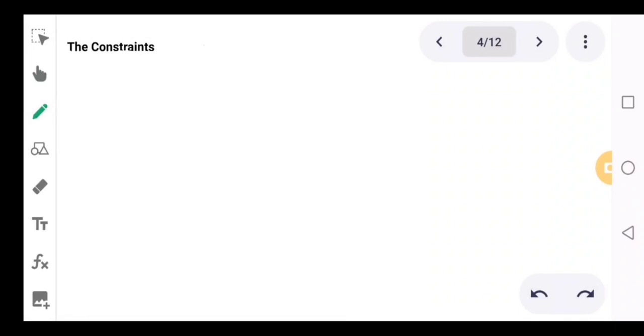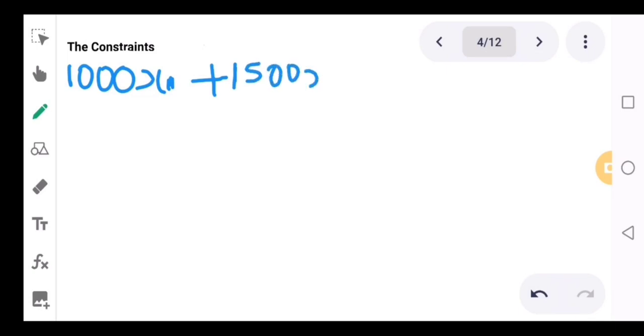Okay, cost constraint. The cost is 1,000 for x1 messages, plus 1,500, which is the cost for x2 messages.